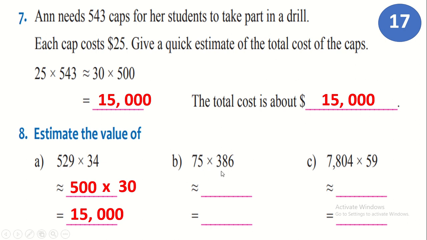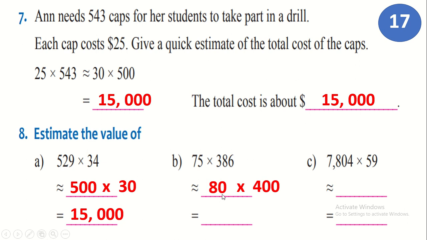75 times 386. And round off first. Okay, look at this now. 75 round off to 80. This is 5 times 386, round off to 400. 80 times 400.